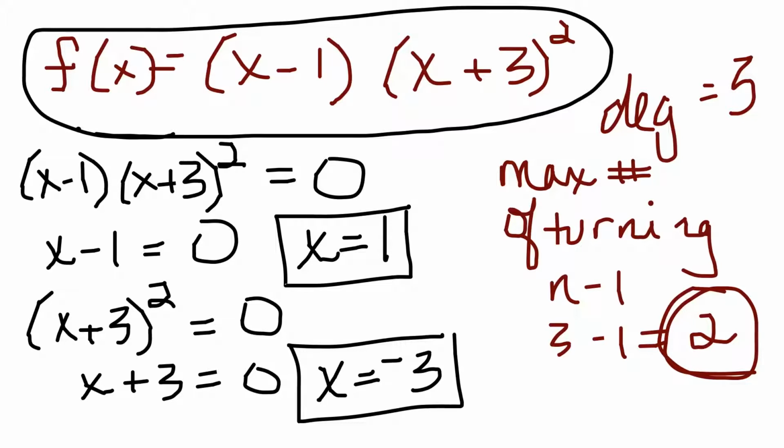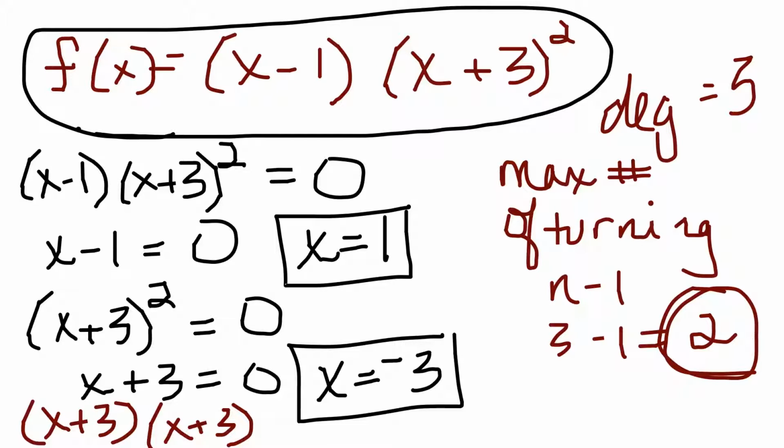Okay, so now I know my intercepts. I have 1 and negative 3. But one thing I want you to notice is that this has an x plus 3 quantity squared. So technically, if I were to write this out, this is x plus 3 times x plus 3. So the 0 at x equals negative 3 shows up twice.